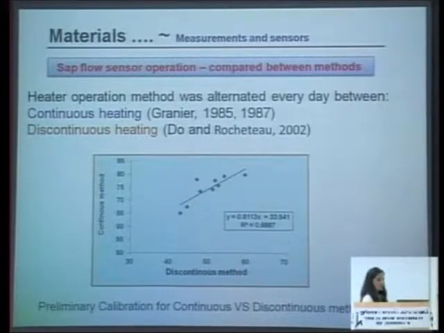From the continuous method we got a high daily average sap flow, while from the discontinuous method we got less sap flow, and we used this calibration factor to analyze all of the data. It means we found nearly 19% less sap flow from the discontinuous method as compared to continuous heating.